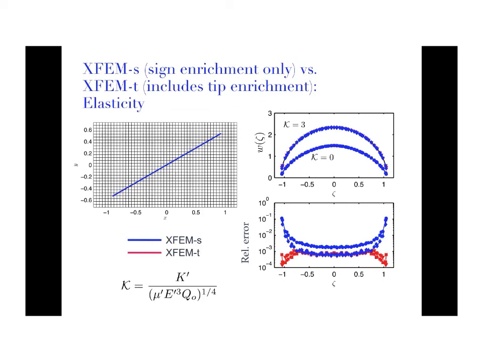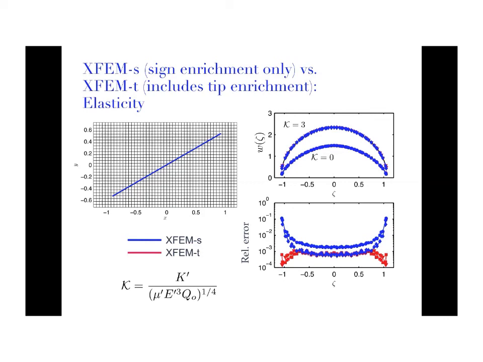On the bottom plot, you see the relative error between the exact solution and the numerical solution with the XFEM. The red error is the tip-enriched solution, and the blue one is where you don't have the tip-enriched XFEM, it's just the sign-enriched. And in both cases, we have good accuracy. Of course, the crack tip enrichment has a better solution near the crack tips.